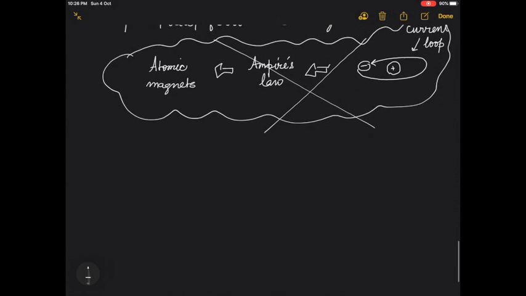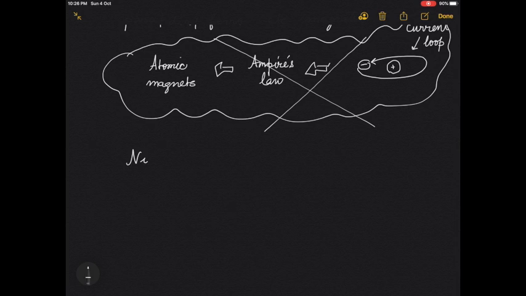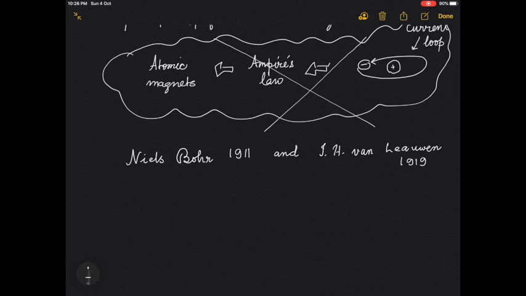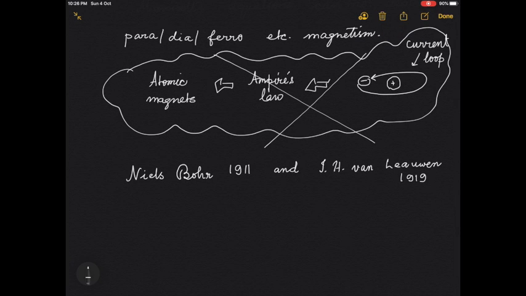It was shown by Niels Bohr in 1911, and in 1919, that this simple description of atomic magnets cannot give rise to any of the para, ferro, or diamagnetism, antiferromagnetism, any of the atomic magnetism.